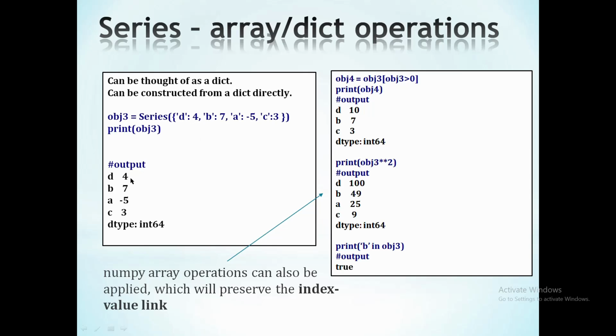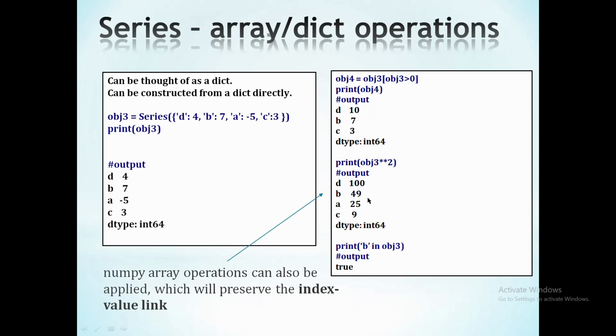Here the values greater than 0 are 4, 7 and 3. They will be assigned to object 4, that is D is equal to 10, B is equal to 7 and C is equal to 3. A has a value of -5, which is less than 0. It will not be copied to object 4.